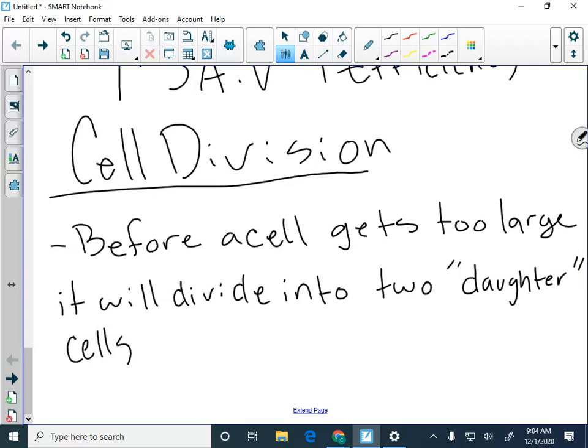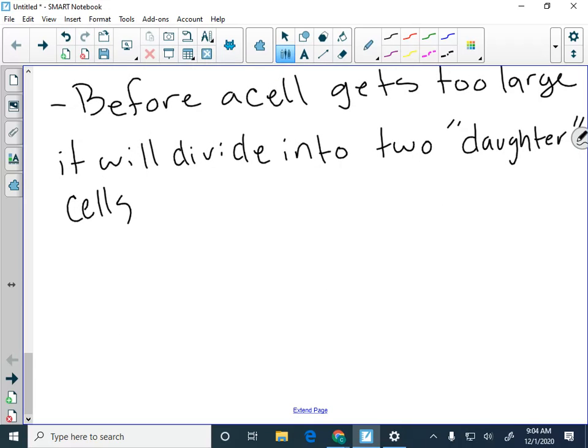We say daughter just because it's easy to keep track of, and also they are technically descendants. So if one cell's too big, it'll split into 2.